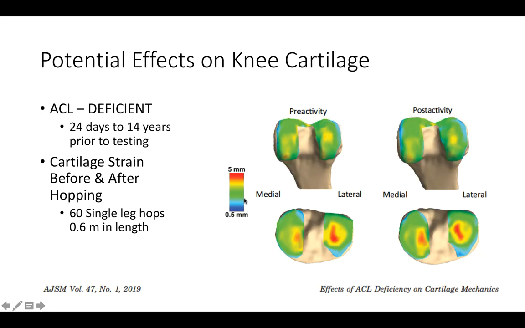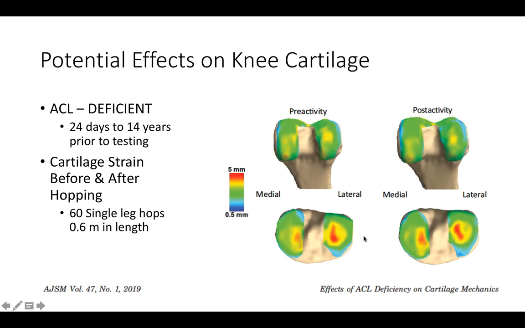And we can see here the red is thicker than the dark blue, and then the green's kind of in between. So this is the pre-activity thickness, and then this is the post-activity thickness. We can see that there's a bigger area here in yellow and red on the medial side. And there are some changes in color toward the green and a little less yellow here on the femoral side.